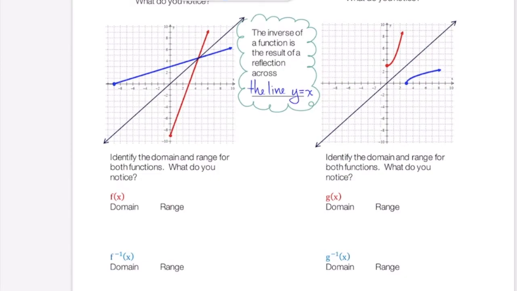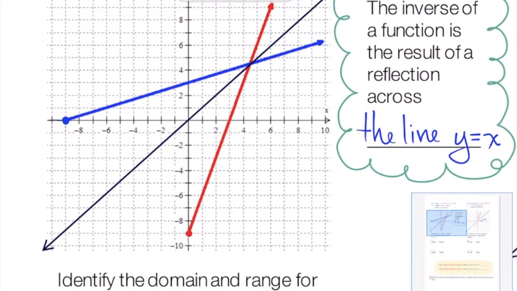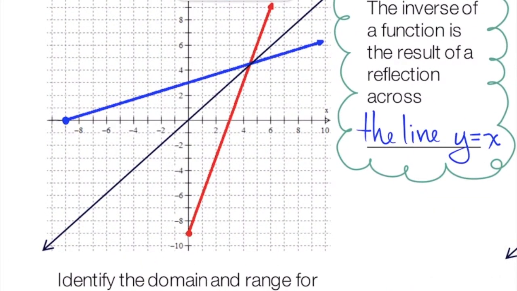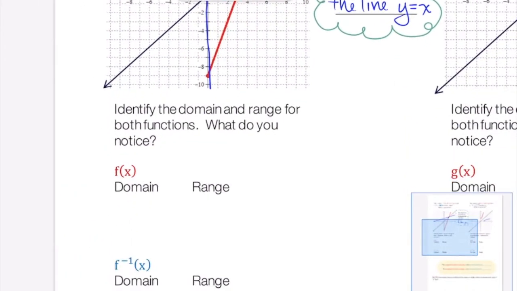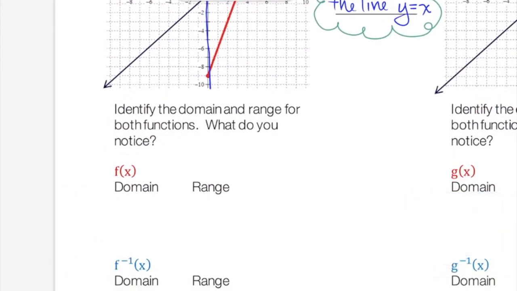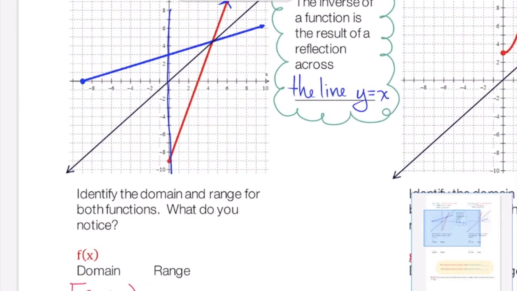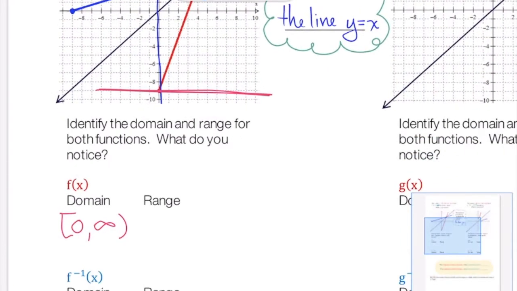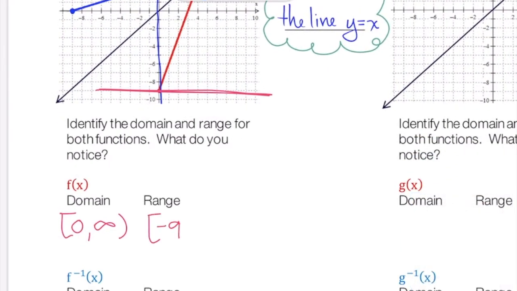Let's look at the domain and range for that original red line. Notice the domain, the leftmost point of that graph is at 0, and then this arrow denotes that we're going to go on forever. So the domain for f of x is 0, and it's including 0, so we need brackets, and then to infinity. And then the range, notice the lowest part of that graph is at -9. -9 is included, so we need brackets, and then the arrow means it goes on forever to positive infinity.